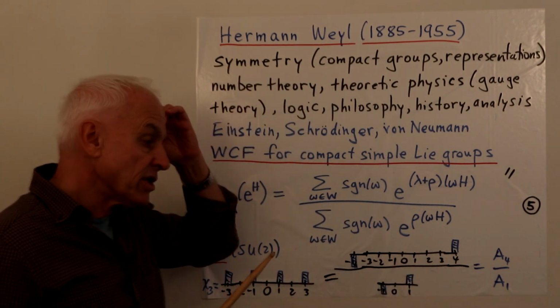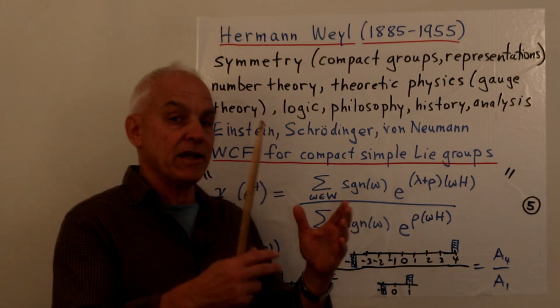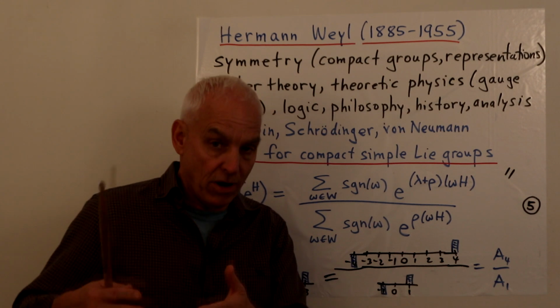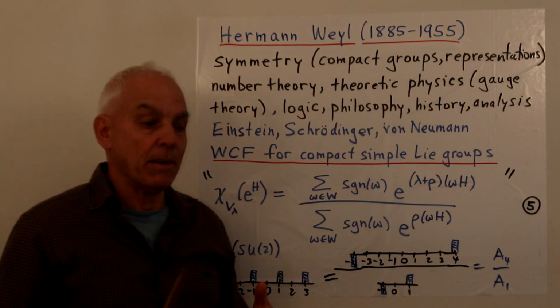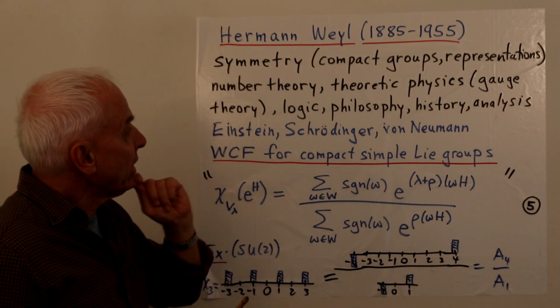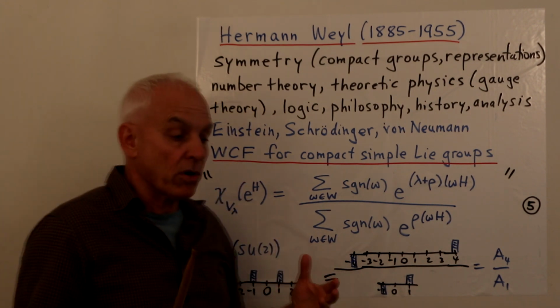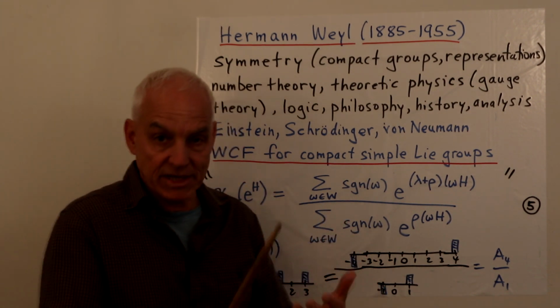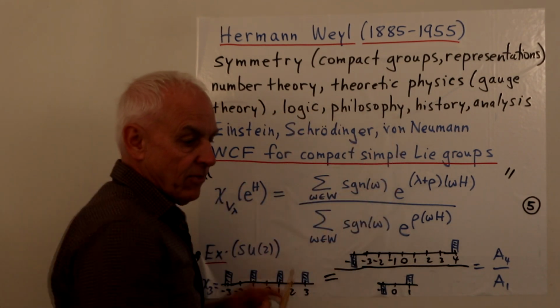He made contributions in a wide variety of areas, but he was also straddling physics, so he actually made really important contributions to physics. And in fact, modern gauge theory was really something that basically he introduced. So the work that he's maybe most famous for these days is his foundational work on compact groups and their representations, and the Weyl character formula and other related results in this direction.